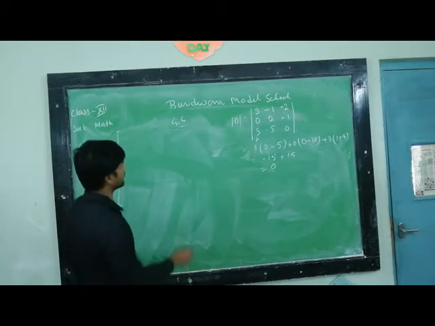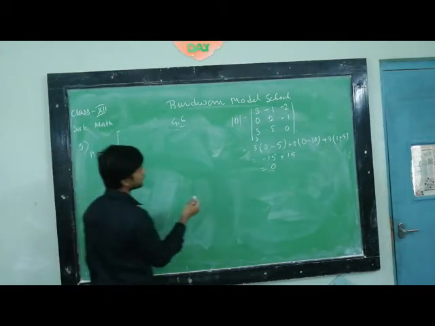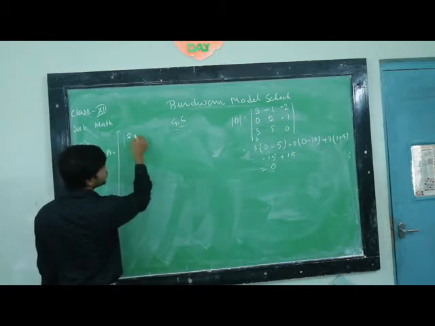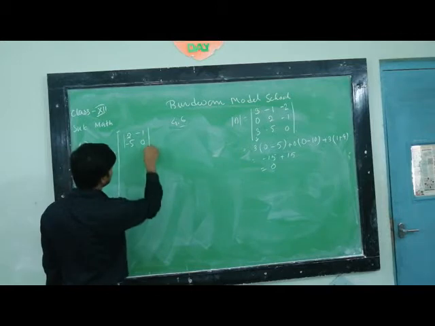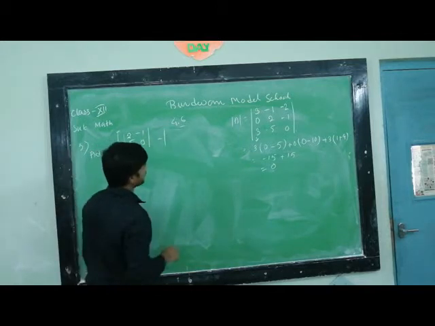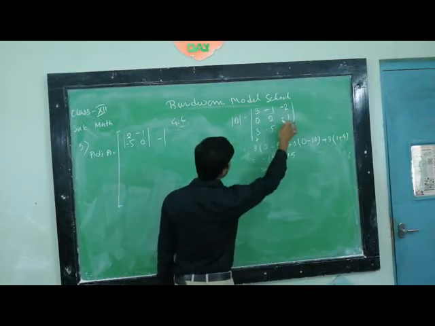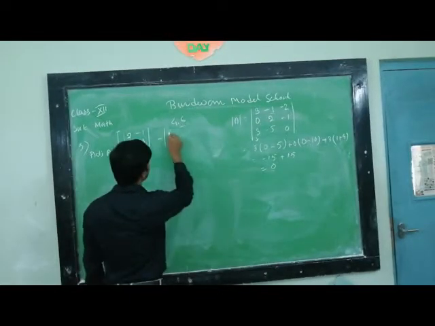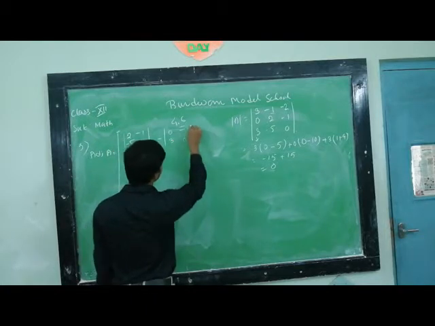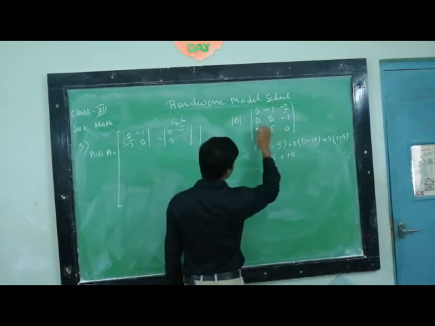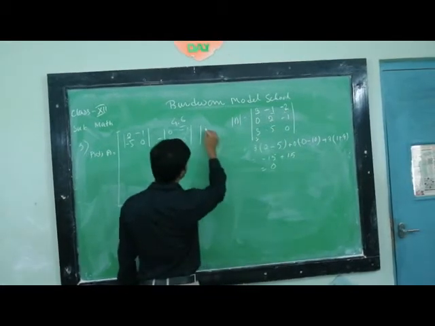That means first A11, which is the determinant of 2, -1, -5, 0. Then corresponding to this element, this is 0, -1, 3, 0. And the third entry corresponds to this element: 0, 2, 3, -5.